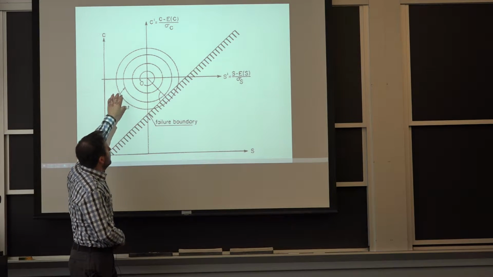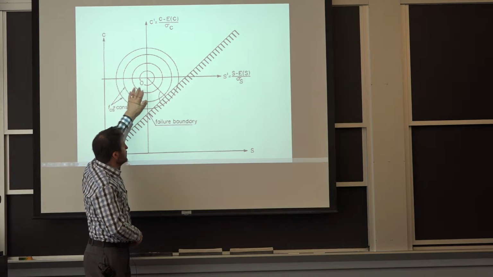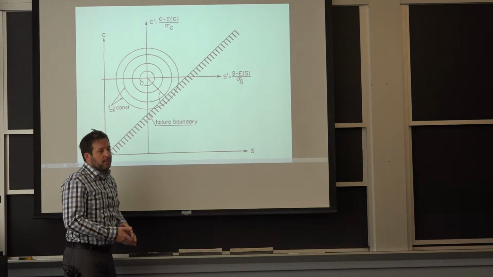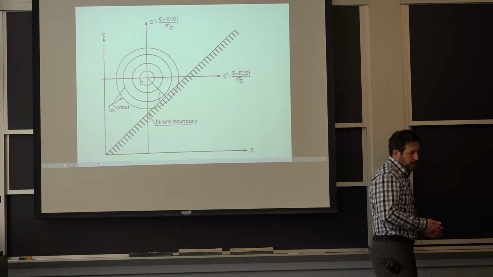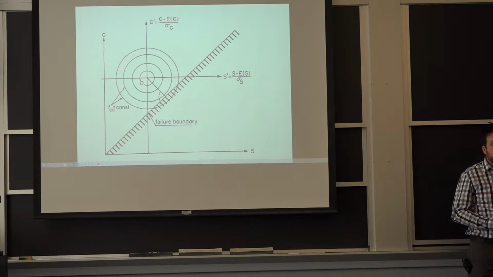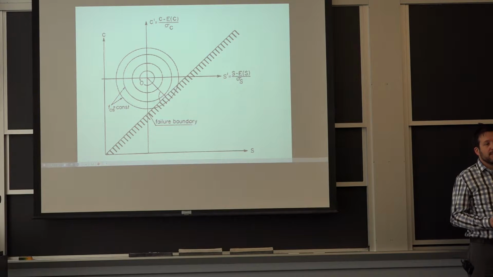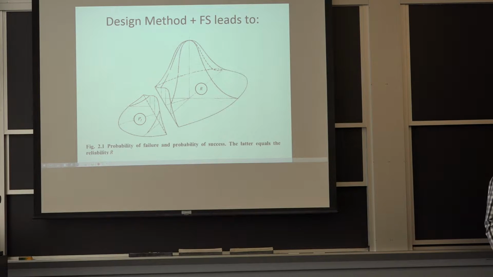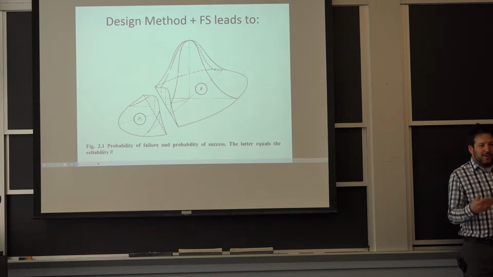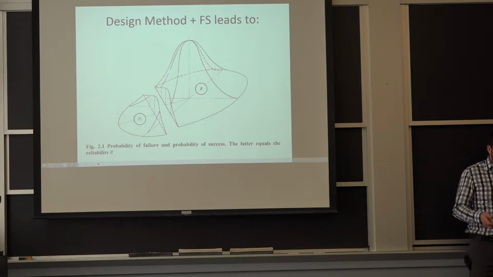You try to operate in these conditions where you don't have a failure, but you know there will be a certain combination of parameters that are going to make you fall beyond the failure boundary. It's almost inevitable that there will be a remote possibility, whether it's 0.1% or higher, there's always a risk, essentially, in most structures of a failure.